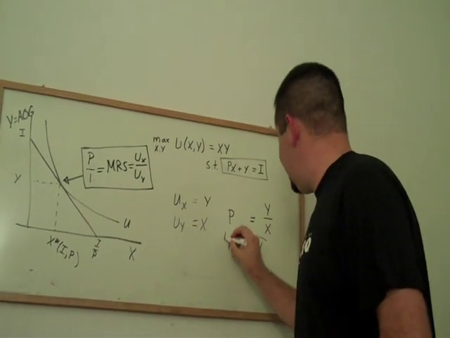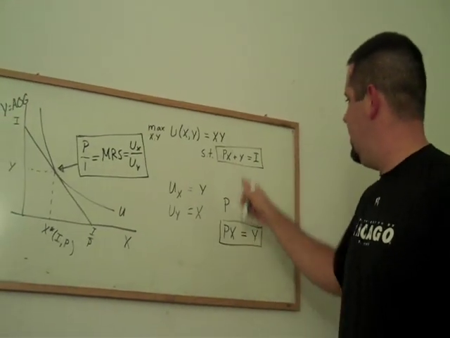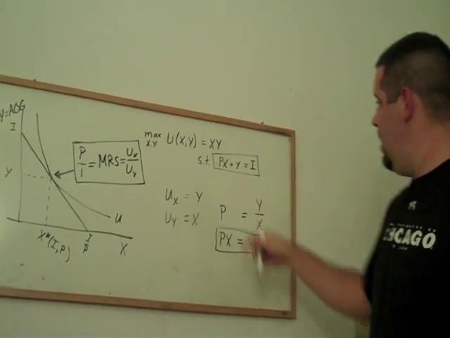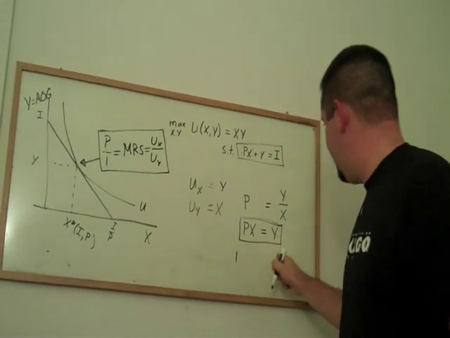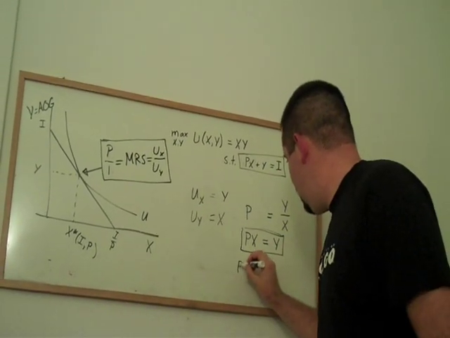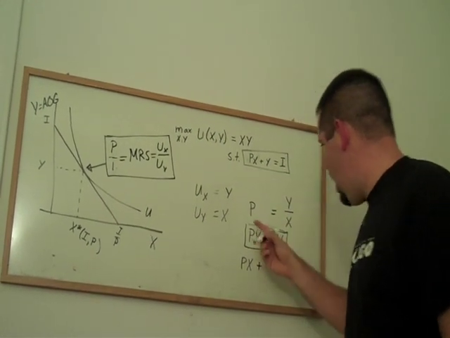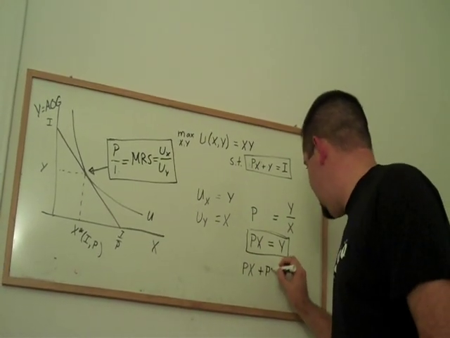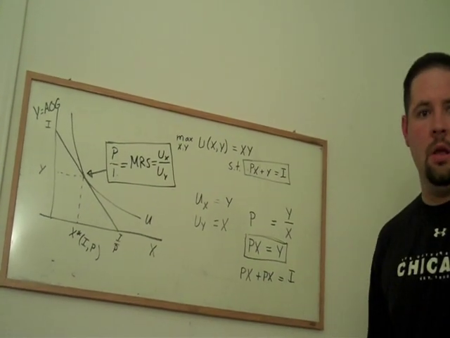So we've got this equation here, and we can plug this into our budget constraint. We've got px plus y, but y equals another px, and that equals our income.